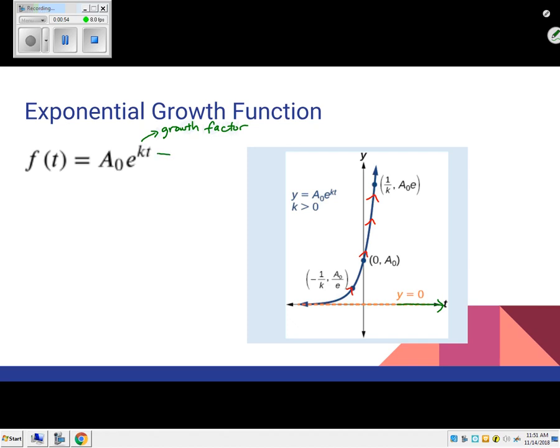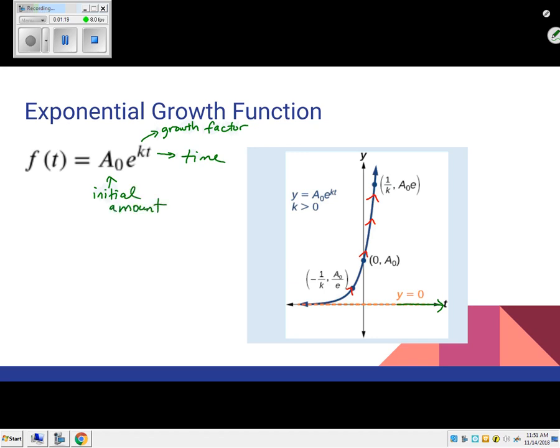T represents time. So time could be in years, hours, minutes, any number of things. And this a sub 0 right here is the amount that I have present at time equals 0. In other words, it's my initial amount.